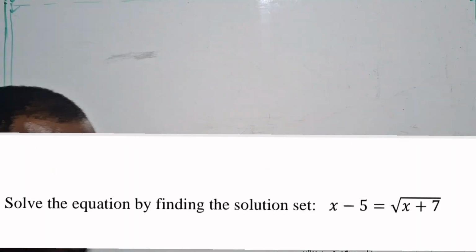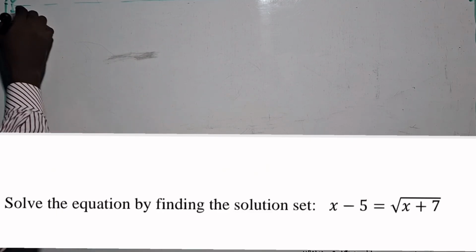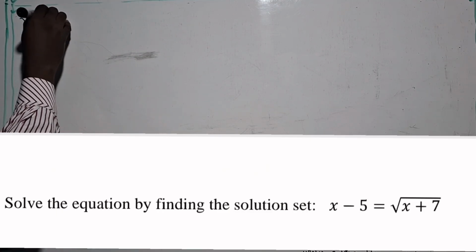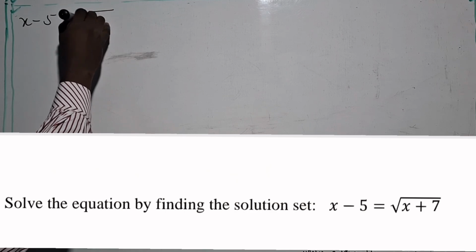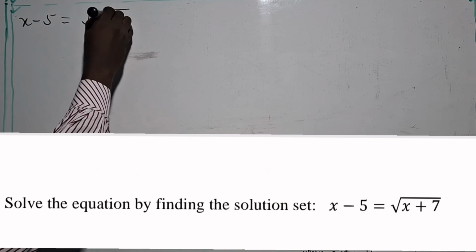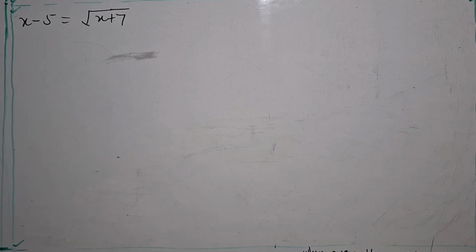So our first question on the screen says solve the equation by finding the solution set. You have x minus 5 is equal to the square root of x plus 7.